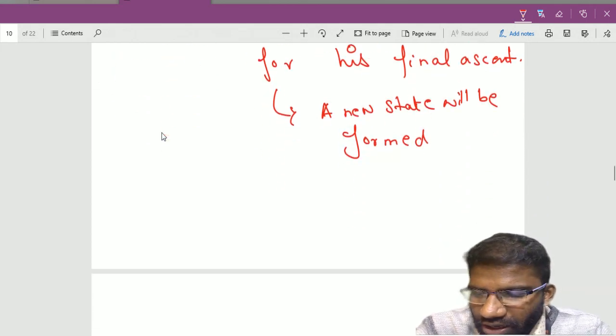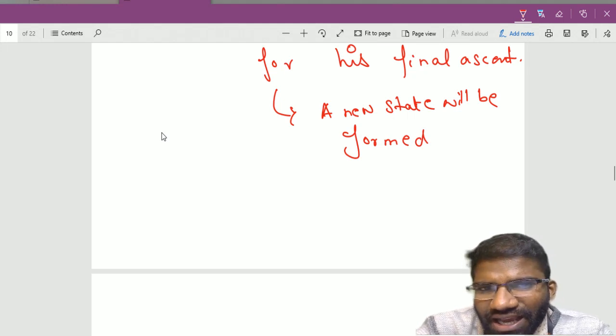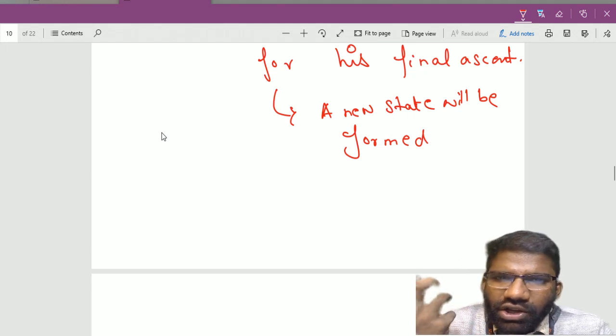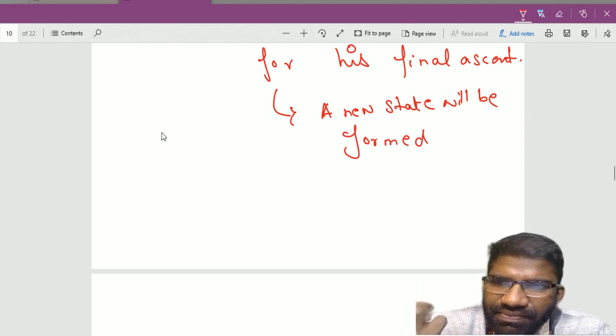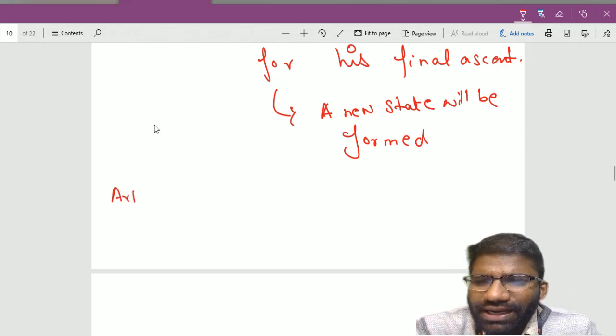Now, when we conclude Article 1 and Article 3: in Article 1, we analyzed that India is an integration of various states, or India is made by union of various states. I'll write down both the articles.